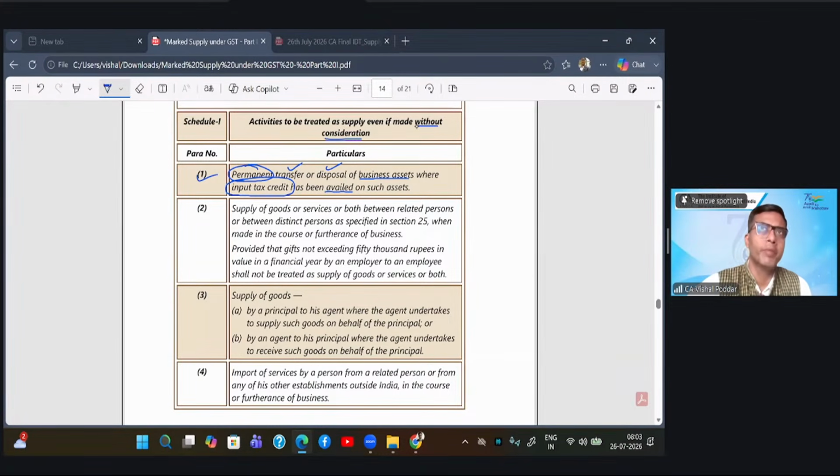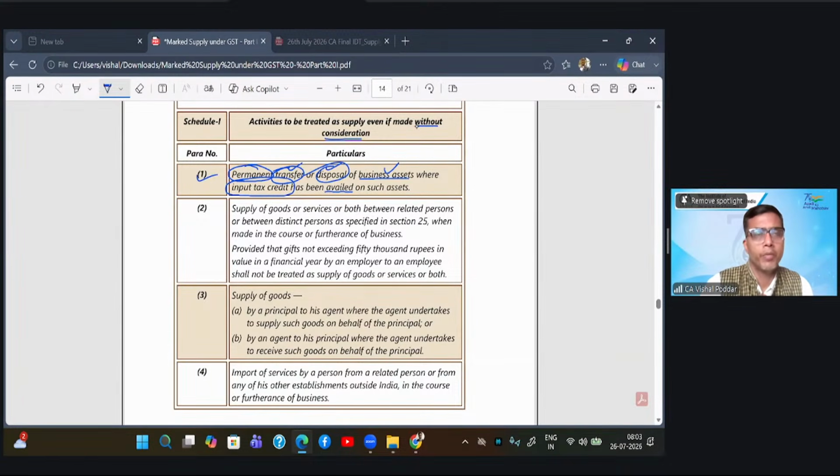So let us say I give it free to some trust which requires computers for their work, or I go to my school and I decide to donate it to my school's computer lab, where the usage is not so heavy and even my old model computers or laptops would suffice the work of the students in the computer lab. So in all these cases, I have made a permanent transfer, or a permanent disposal, of the laptops which are my business asset.